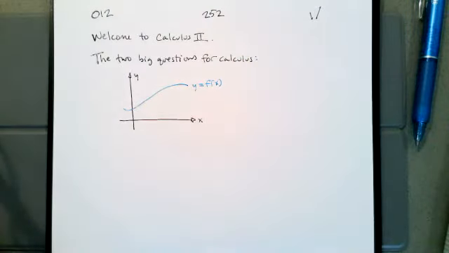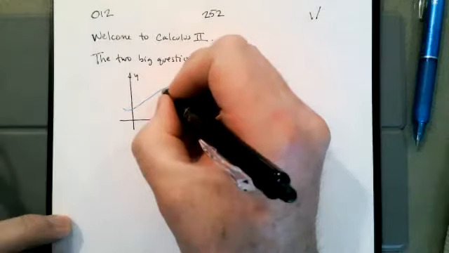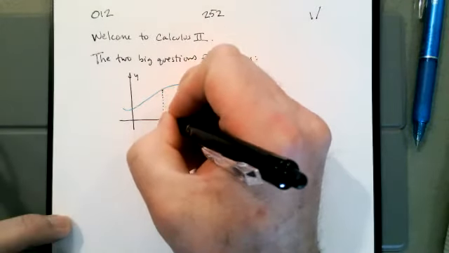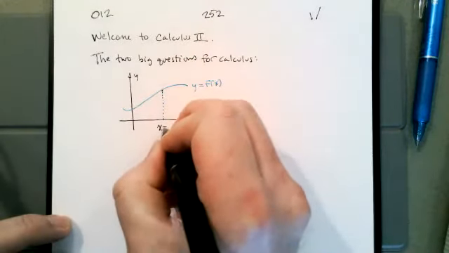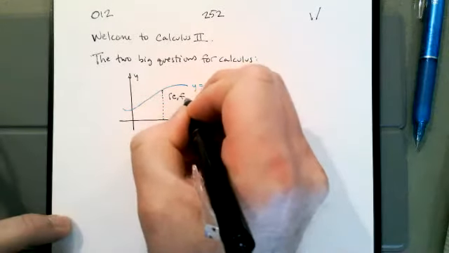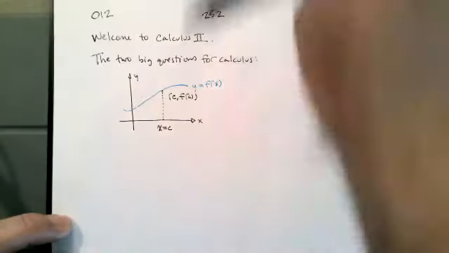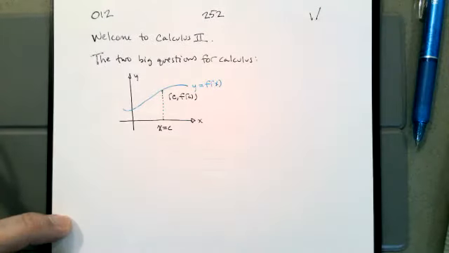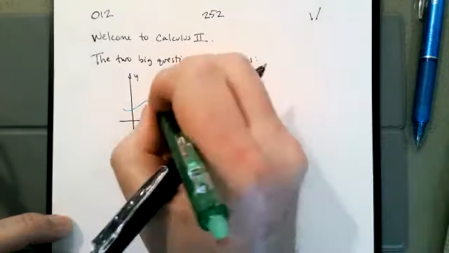First, given a particular point on the function, so at the point C, f of C, what is the slope of the line tangent to the function at that point?